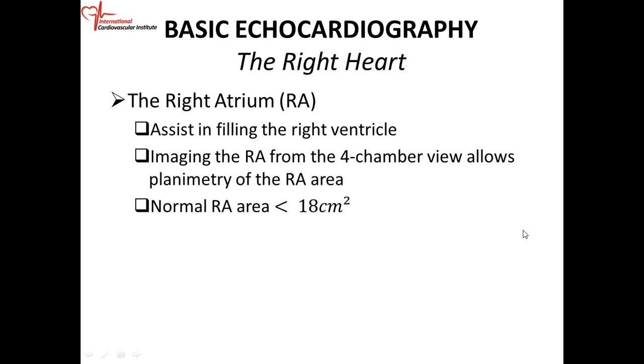The function of the right atrium is that it assists in filling the right ventricle. The right atrium is like a reservoir. It fills up with blood, and then the blood flows into the right ventricle.